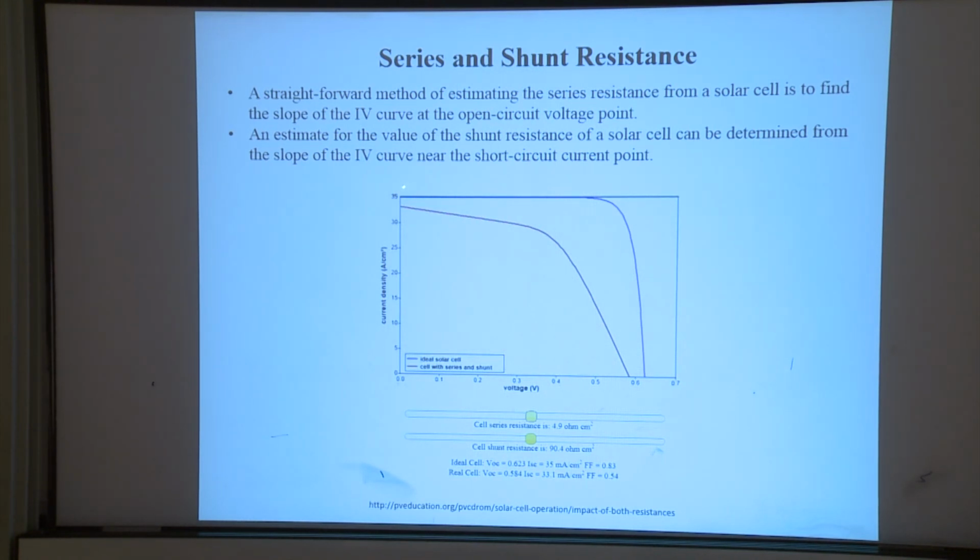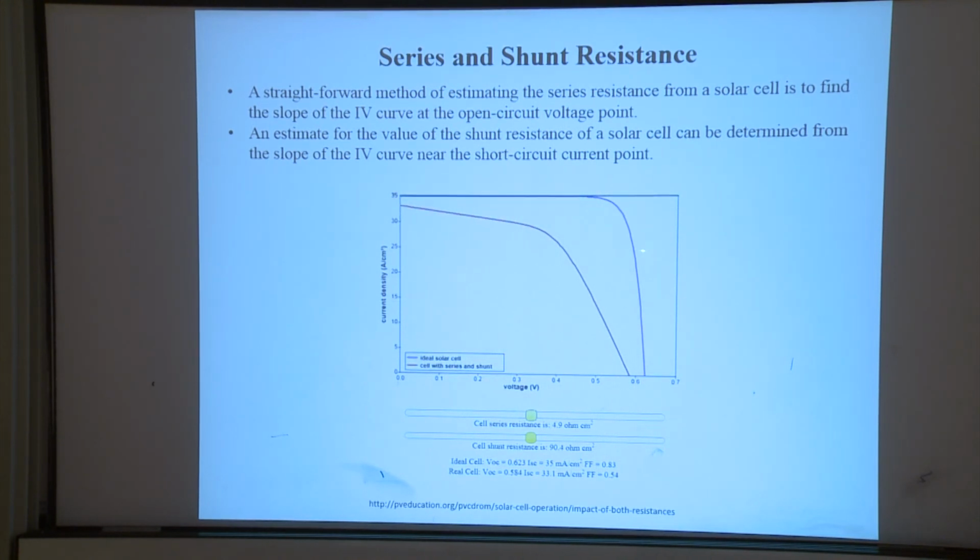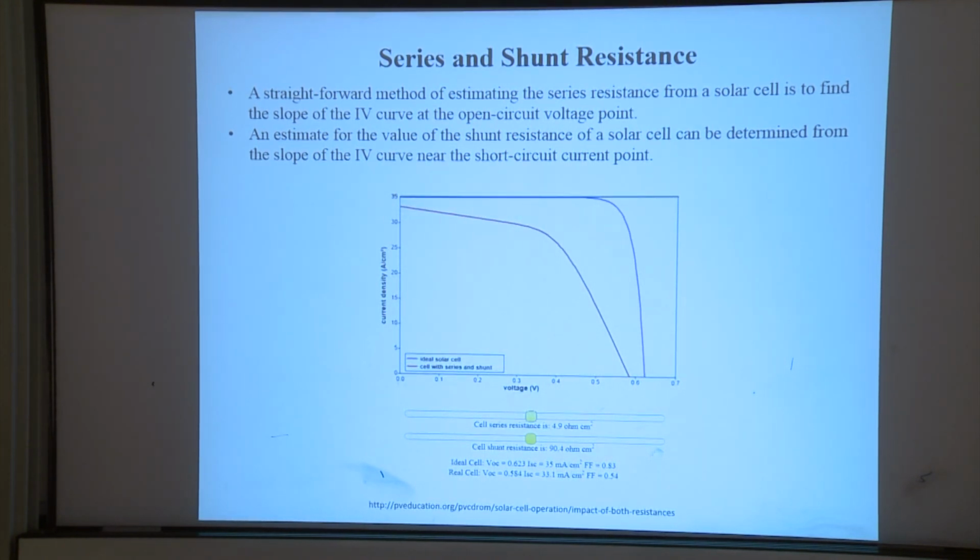That means this is very low, very high shunt resistance, and the slope here is very low series resistance. I will show you why. The red one is the parameter I set for series resistance and shunt resistance.